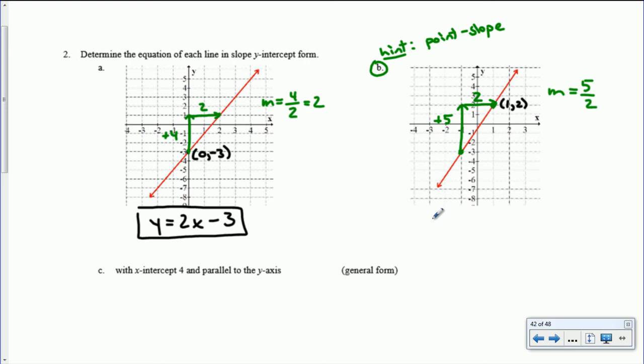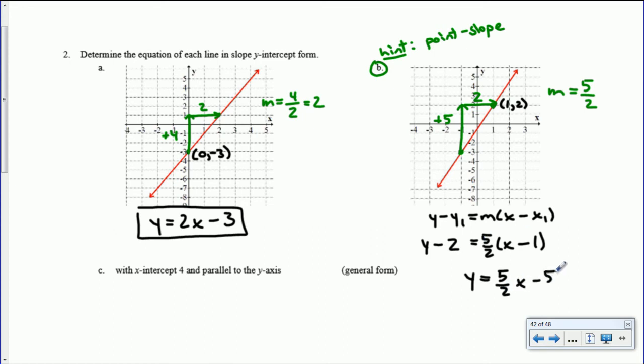So I'm going to start with point slope form, y minus y1 equals m times x minus x1. So my slope is 5/2, 5/2, x minus 1, and y minus 2, so that's the point I'm using. So let's distribute this 5/2 in there, so it would be y equals 5/2 x minus 5/2. Remember, the 5/2 has to hit both things inside the brackets, and don't forget we need to add 2 to both sides.